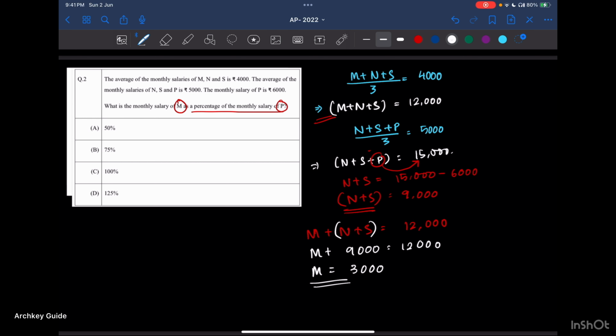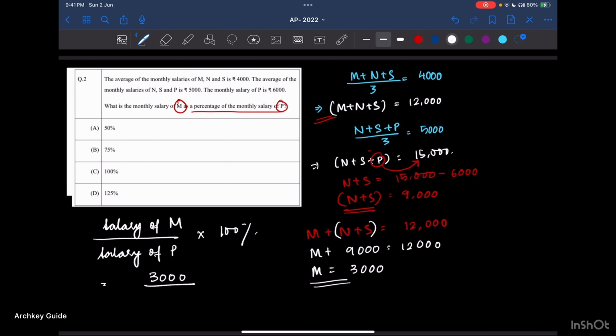What is the monthly salary of M as a percentage? मतलब salary of M divided by salary of P. And since they have asked in percentage, तो 100%. So 3,000 divided by P का कितना है? 6,000 into 100%. So this will come out to be 50%.